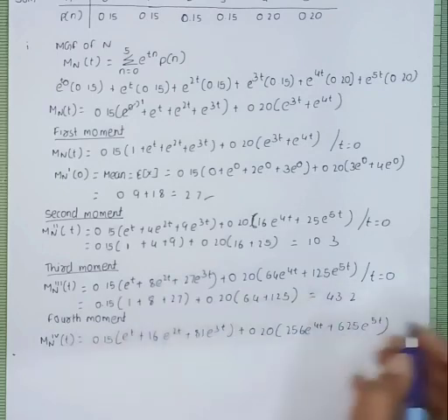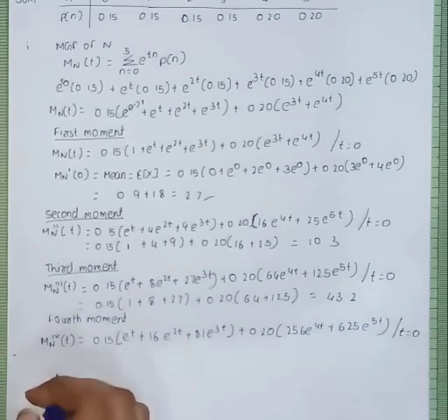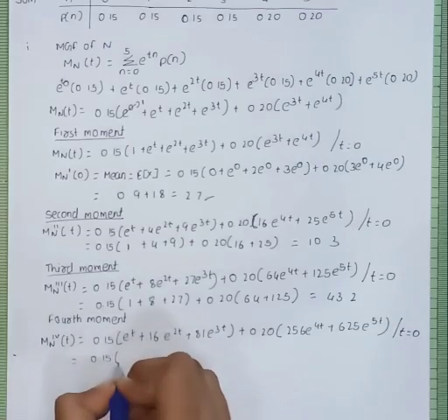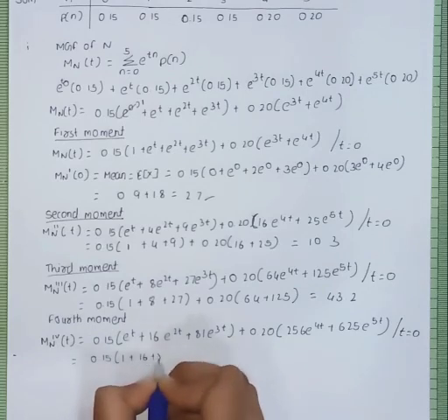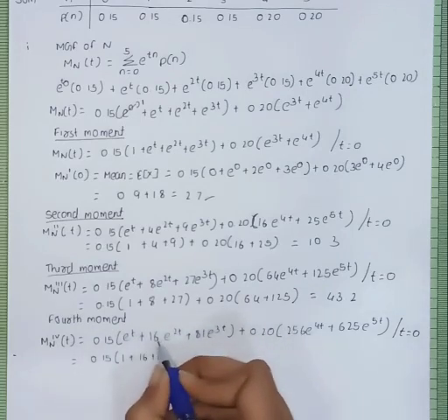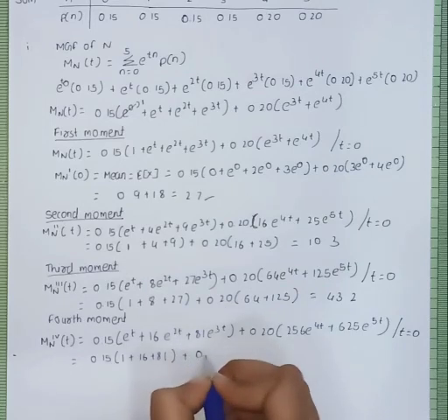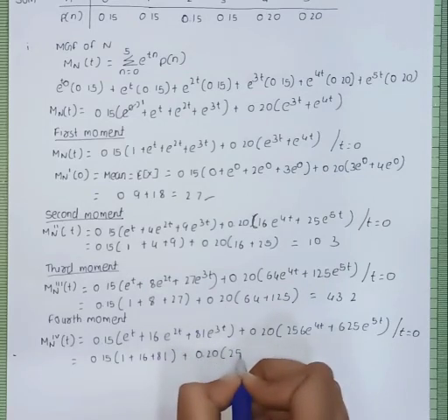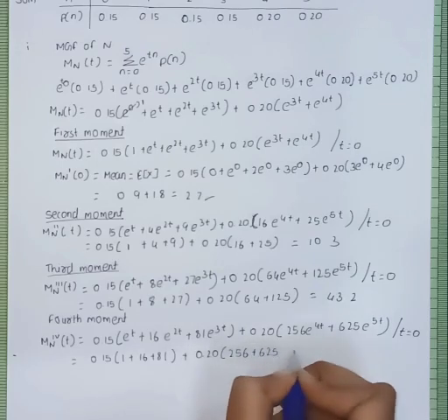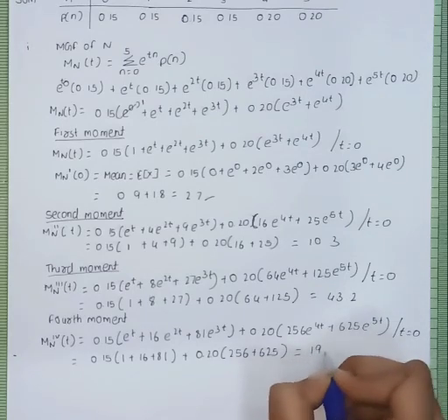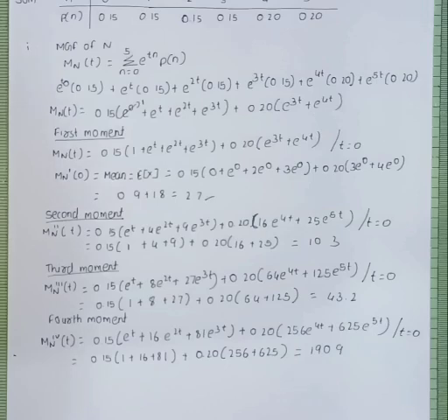This is our fourth derivative. Again we will substitute t equals 0. So our value will be 0.15 into 1 plus 16 plus 81. Just write off the coefficients, no need for the e power term, since it is anyhow 1, and anything multiplied with 1 is the same thing. Bracket close, plus 0.20 into 256 plus 625, which is equal to 190.9. So we got our fourth moment.